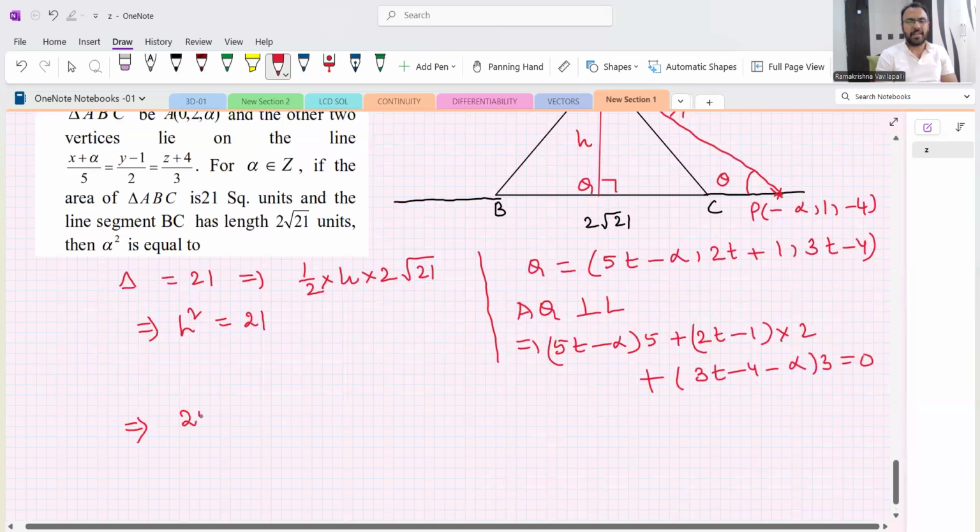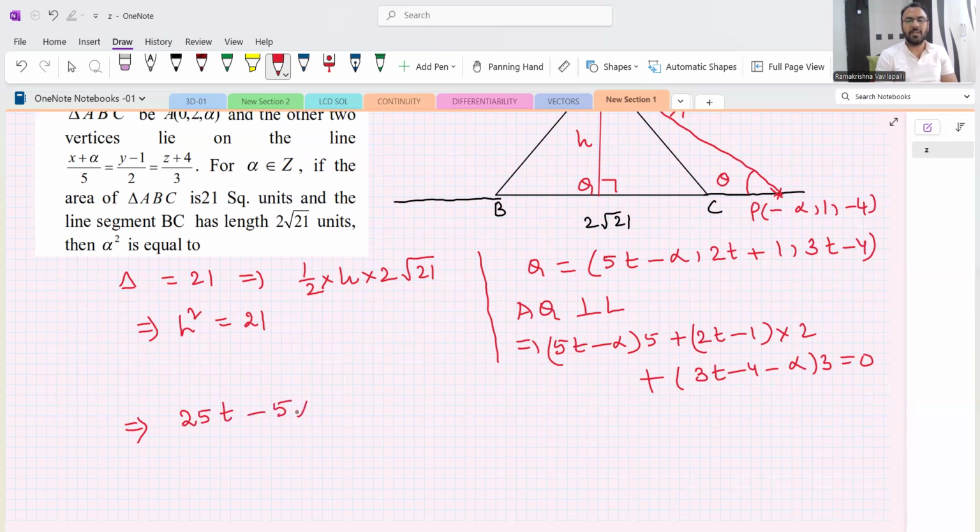So 25t minus 5 alpha plus 4t minus 2 plus 9t minus 12 minus 3 alpha equal to 0.